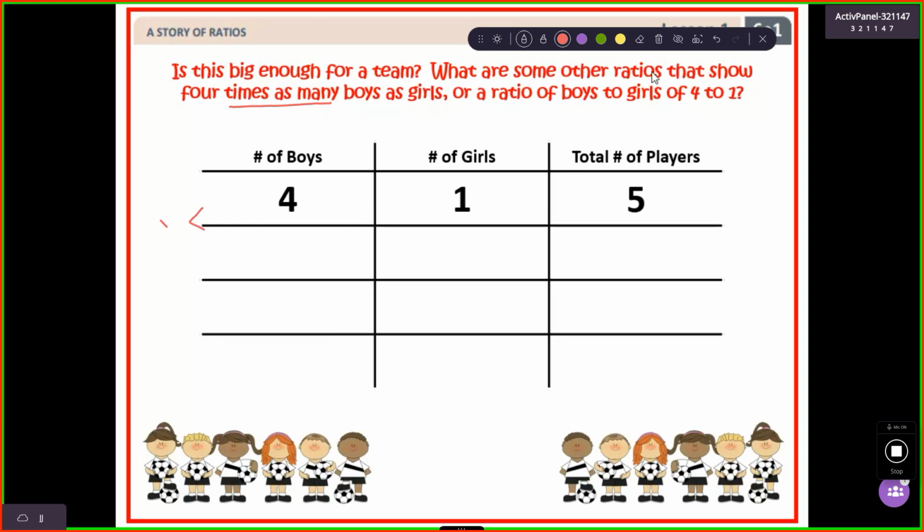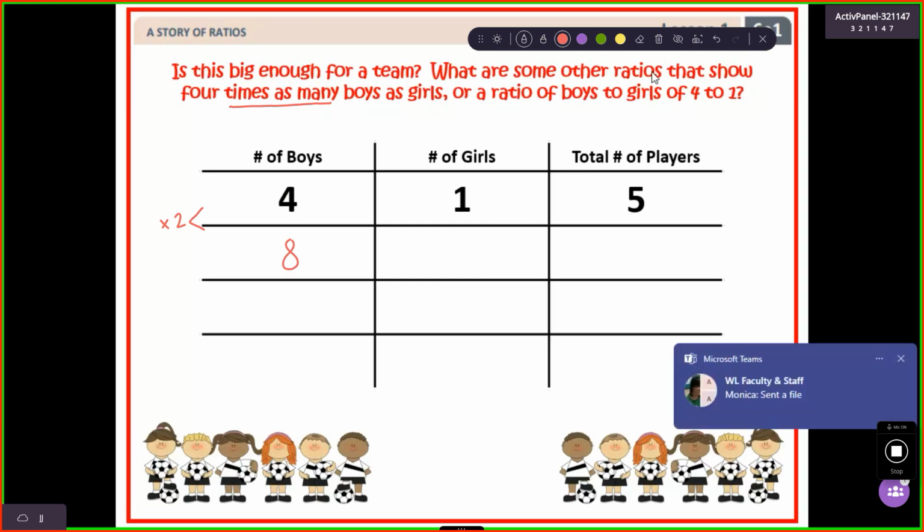Well, 4 times 2 is 8. If I do it to one number, if I do it to my numerator, I have to do it to my denominator. And we're still talking about a ratio table, okay? So 1 times, what am I going to multiply by? 2.